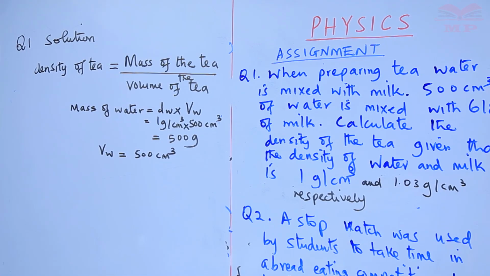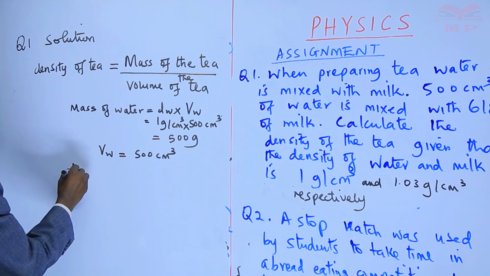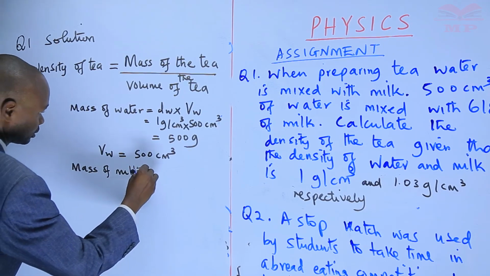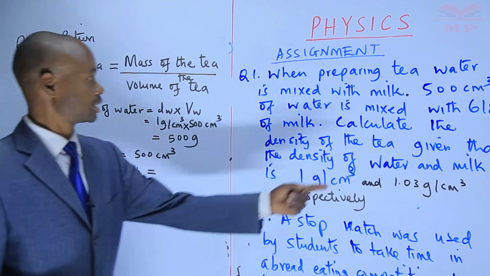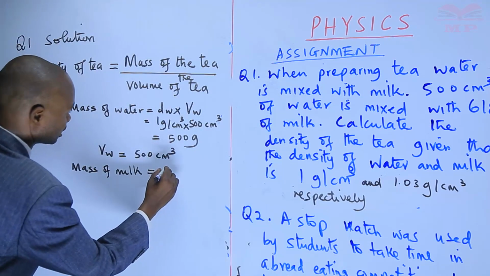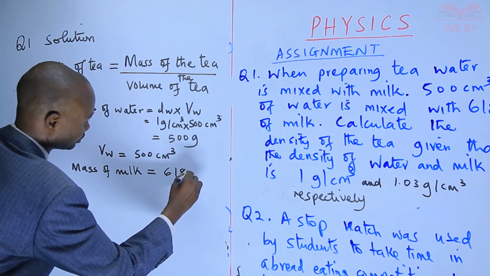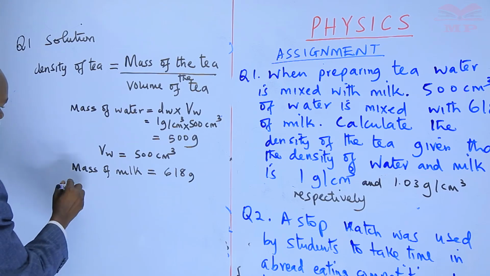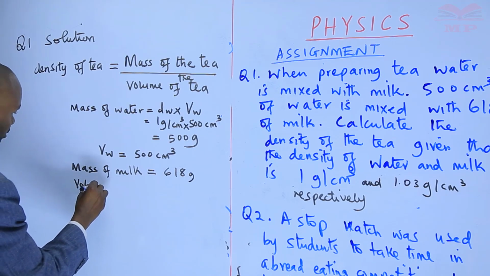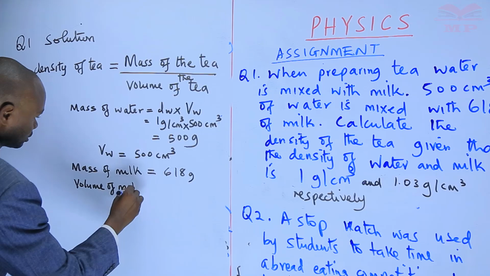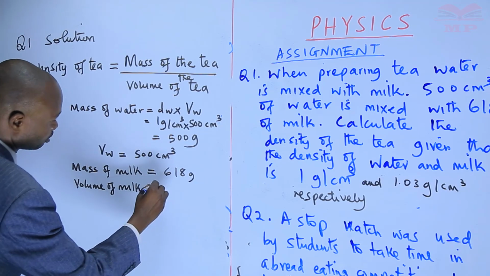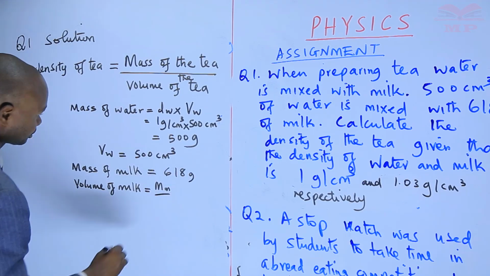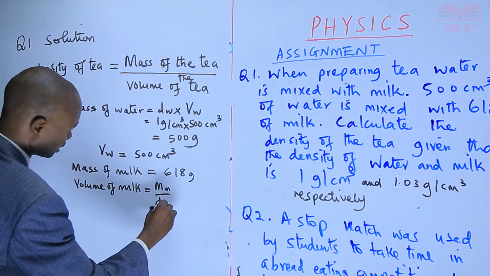Mass of milk. The mass of the milk is already given, 618 grams. And lastly, we have the volume of milk, which will be mass of milk divided by density of milk.